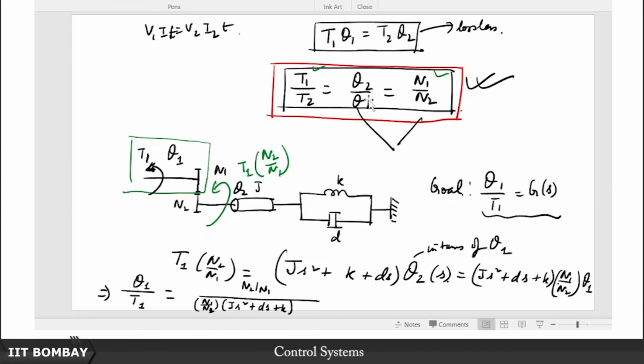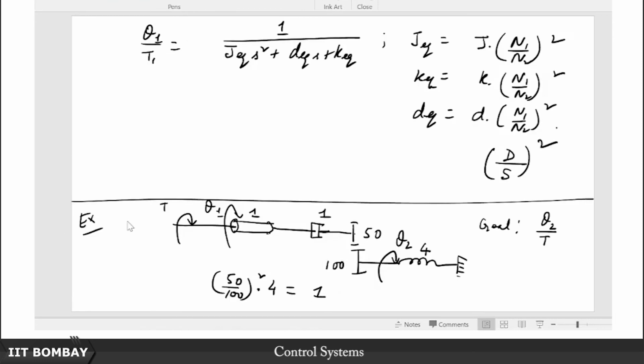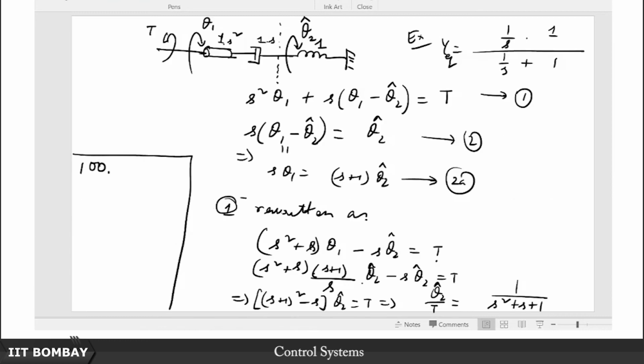Look at this relation here. So I can write then that 100 times theta 2 is equal to 50 times theta 2 hat. In other words, theta 2 is equal to half theta 2 hat.